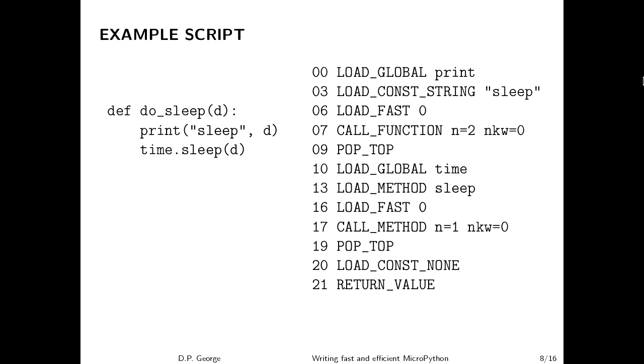So that's probably the most important thing when you want to optimize your code, is to use local variables and not global variables. And the other thing is that it's slow to load methods and functions. So down the middle there, load method sleep. So you've got the time module, and I'm looking for sleep. So that also has to be a dictionary search. So it's got to go through a dictionary of the time module and look for the sleep function.